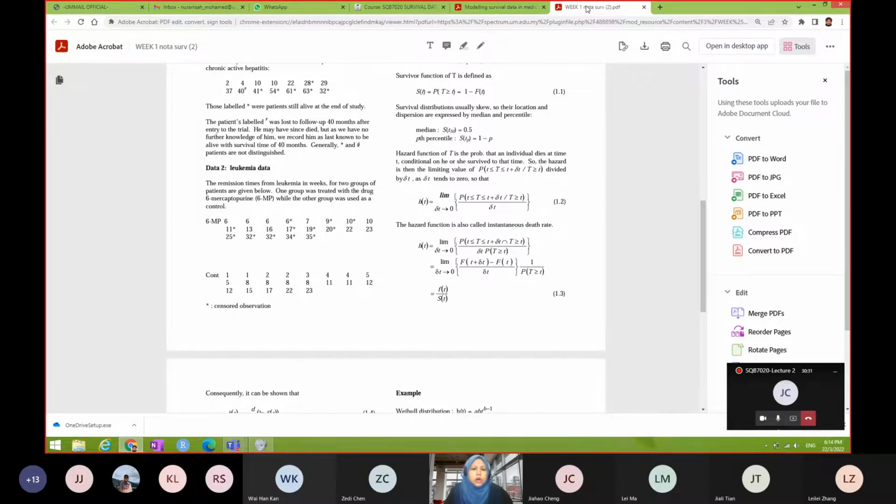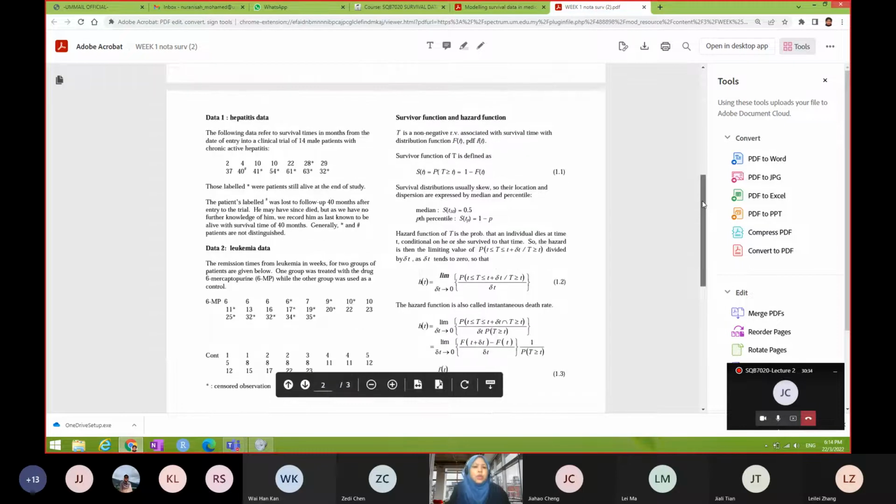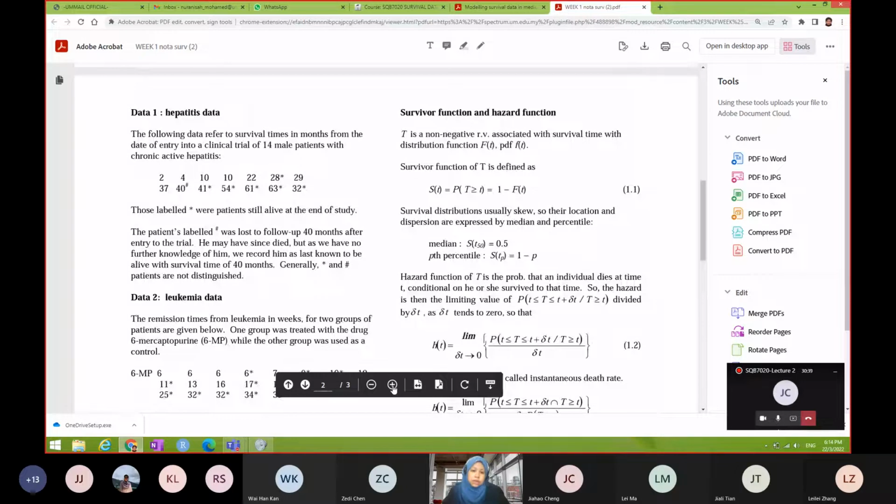Not yesterday, last week, we stopped at example 2 about the leukemia data, where your data involves an event and also censoring data types. Today, we are going to focus on the survival function, survival and hazard function.